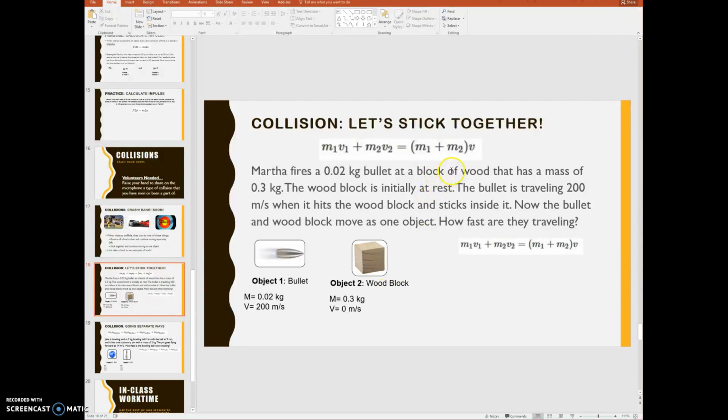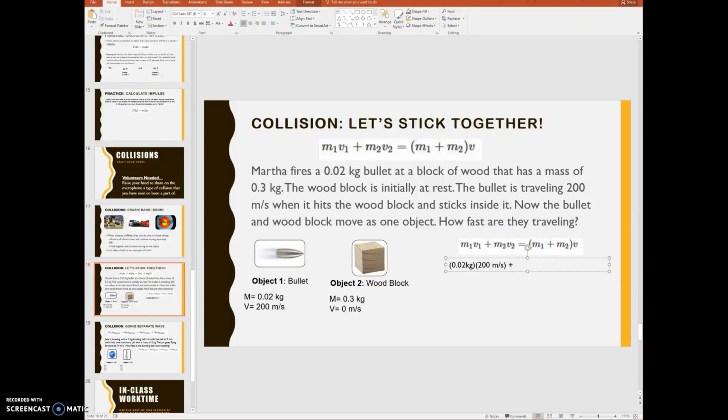So now I'm going to start to fill in this information using the equation we're given, because I've found all my variables and we are looking for v, velocity. I'm going to use a text box and fill in the information that I know. So m1 in this equation is 0.02 kilograms. I'm going to multiply that times v1, which is 200 meters per second.